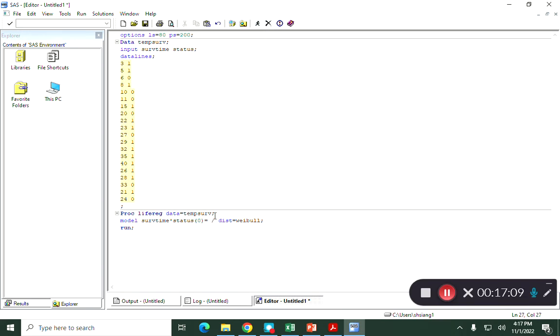And equal to nothing, just there is nothing, equal to blank, usually means it's the baseline function. Okay? Agree so far? And of course, if you want, you still can do proc lifetest using the same data set and then just do the plot, right?